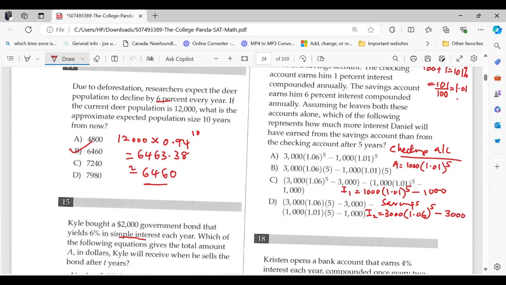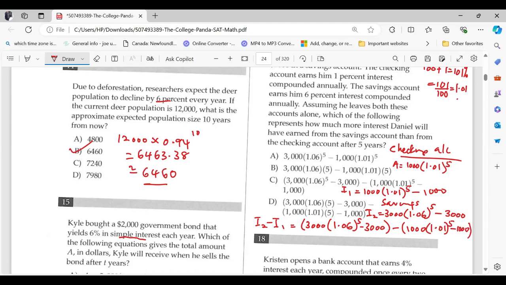So now the second interest is higher. We do interest 2 minus interest 1, which will give us 3,000 into 1.06 raised to power 5 minus 3,000, then minus 1,000 into 1.01 raised to power 5 minus 1,000.